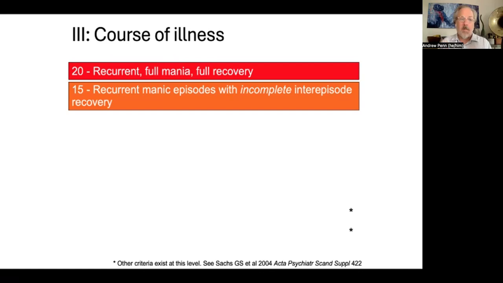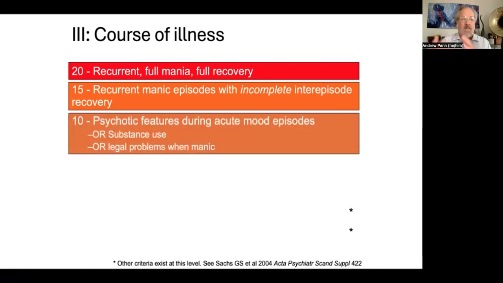And then the less probabilistic, where it starts to merge more towards a recurrent major depression picture, is when people have symptoms that drag on between full-on mood episodes, or people that, and this is a proxy measure here, have psychotic features during mood episodes. So the differential diagnosis here might be bipolar disorder, or it might be major depression with psychotic features.